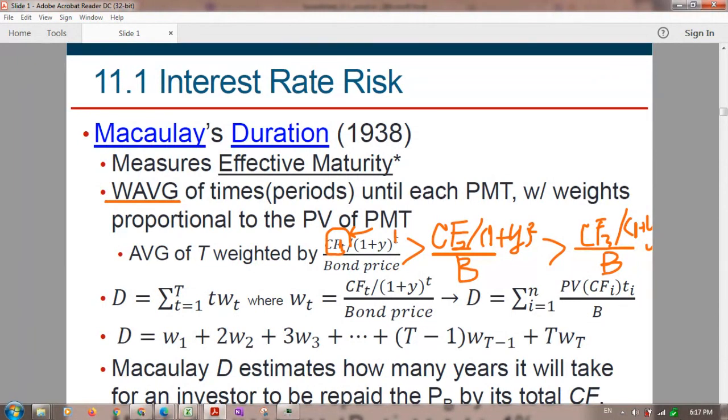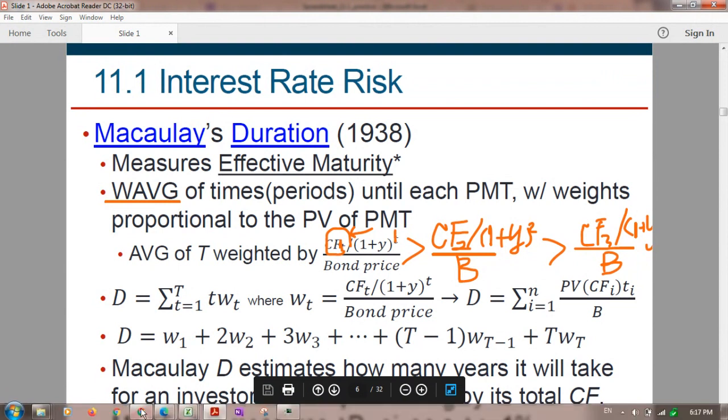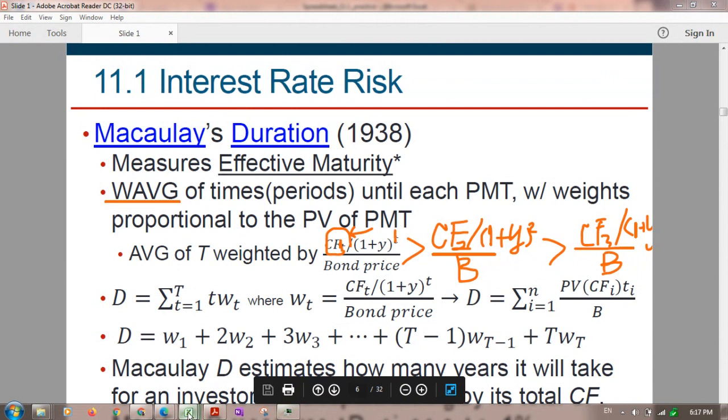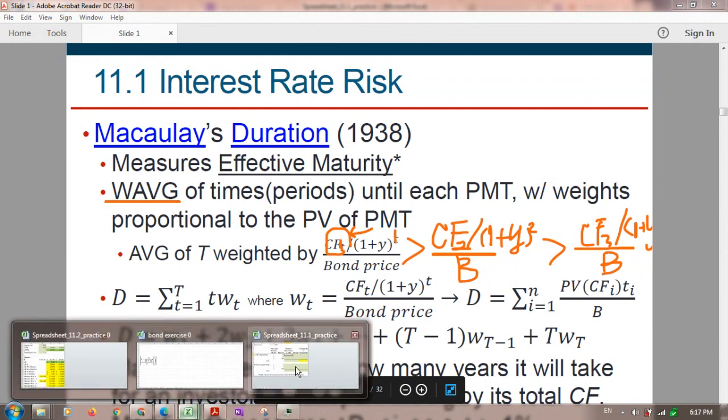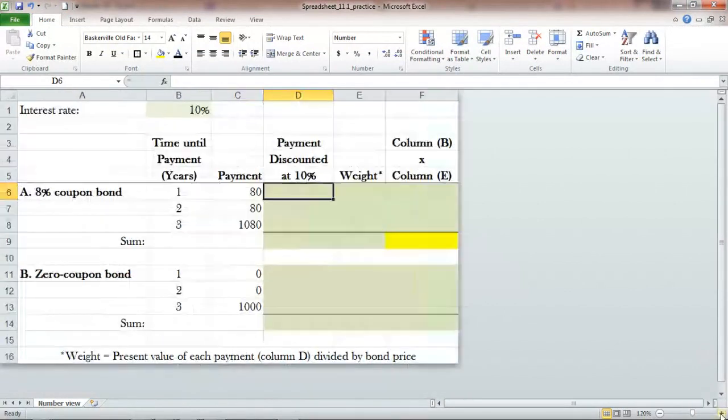Duration is effective maturity, and how we calculate duration is literally the weighted average, right? So last time, if you were here, we did this exercise. I don't want to do it again, but look at what's going on here.